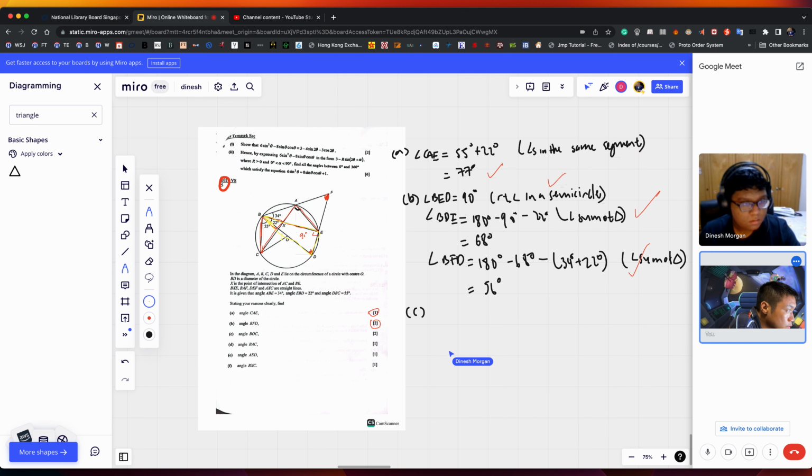BOC is this. I think you can find this first, COD first. Is it the angle at the centre is 2 times the angle at the circumference?